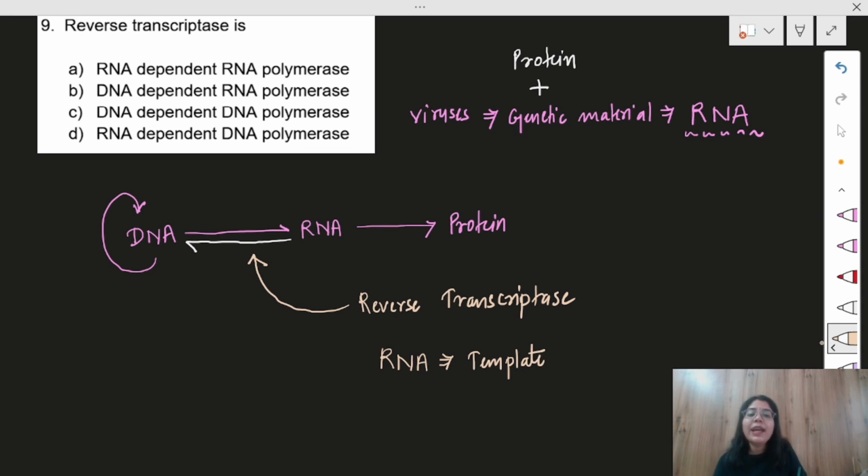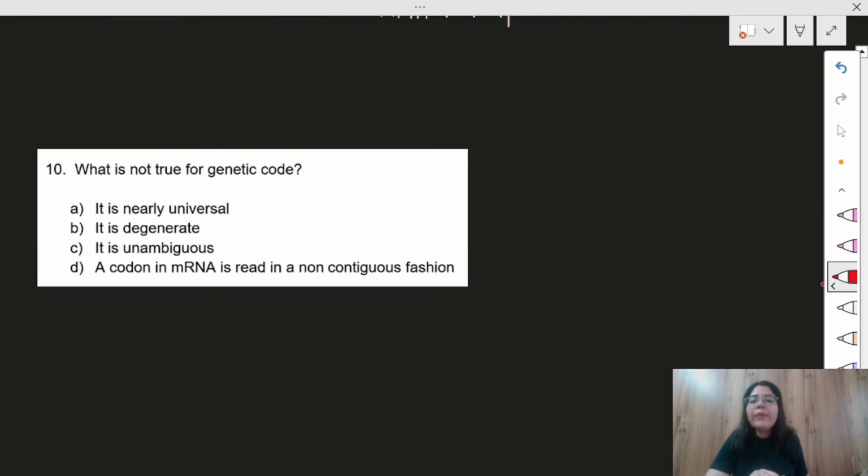So can I say that reverse transcriptase is an RNA dependent DNA polymerase? Yes. It requires RNA as a template and makes DNA on it. So it is polymerizing deoxyribonucleotides. It is a DNA polymerase using RNA as the template, so it is an RNA dependent DNA polymerase. Understood?